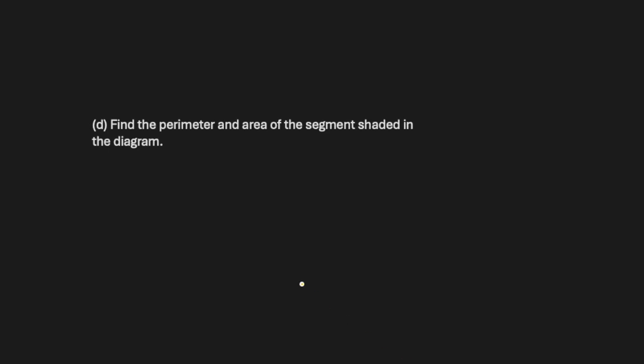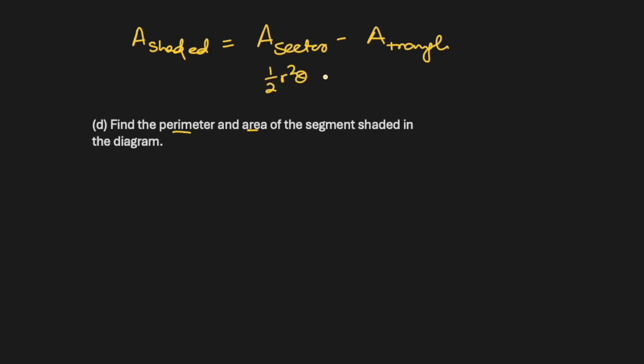So the area of the shaded region first. They're saying perimeter as well, so we'll find area first. Area of the shaded region will be area of the sector minus area of the triangle. The area of the sector is half r square theta.